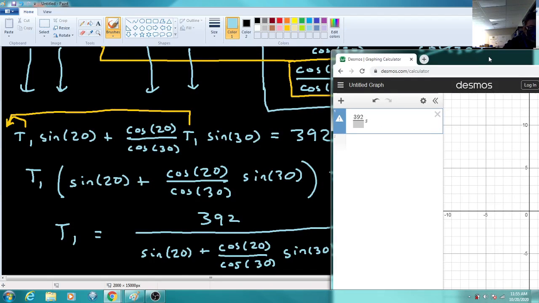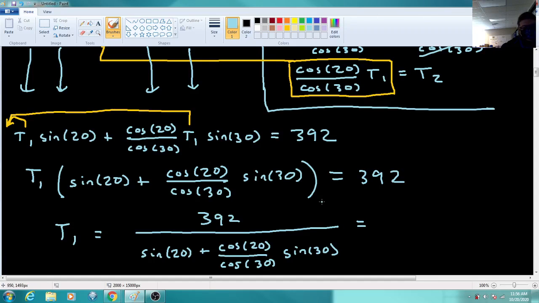So it's sine of 20 plus cosine of 20 divided by cosine of 30, and that little bit there times the sine of 30. That's 443.16 is the tension there.